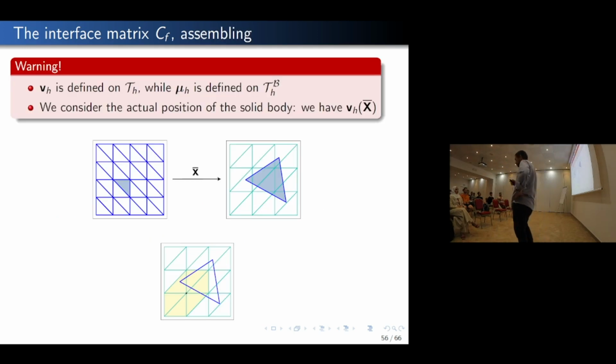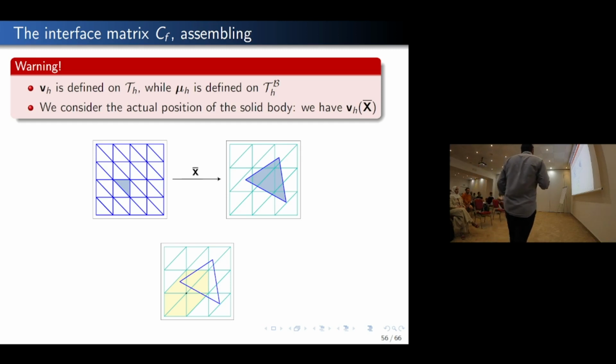We have a problem. V_H is defined on T_H, while mu_H is defined on T_H^B. And we also have to consider the actual position of the solid body. For this reason, we have V_H of X bar. So let us consider this picture. This is a portion of the mesh for the solid domain B, and we in particular consider this element.